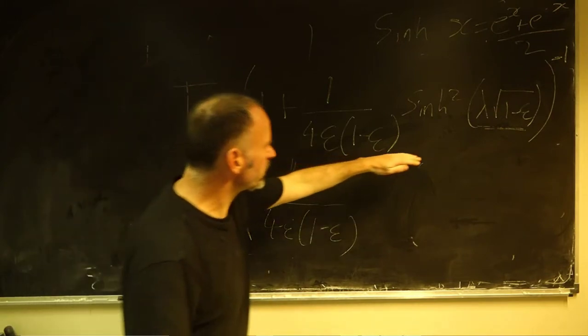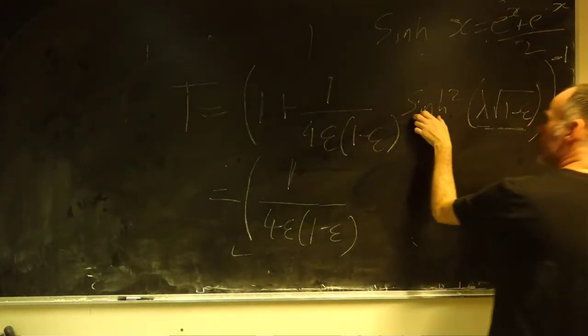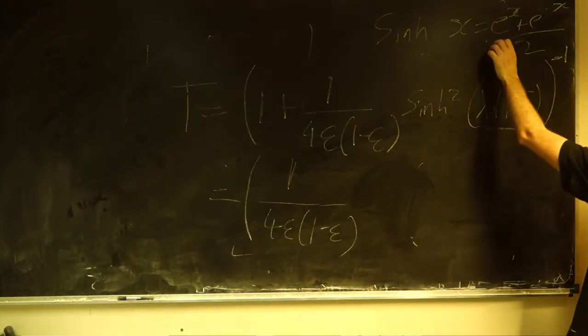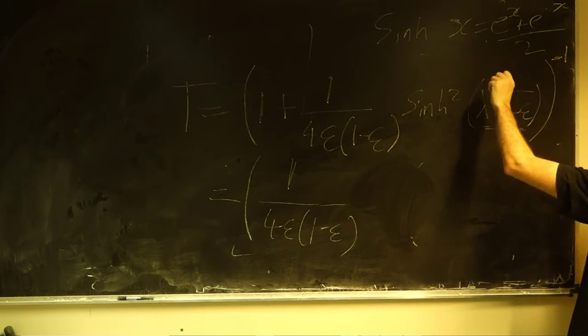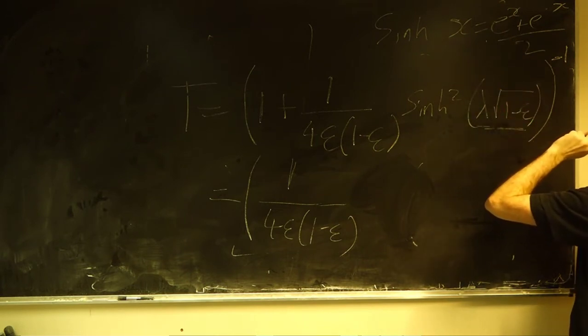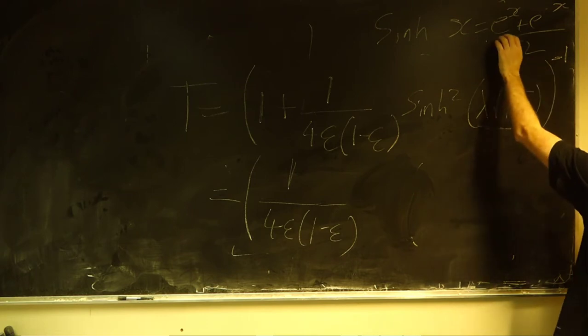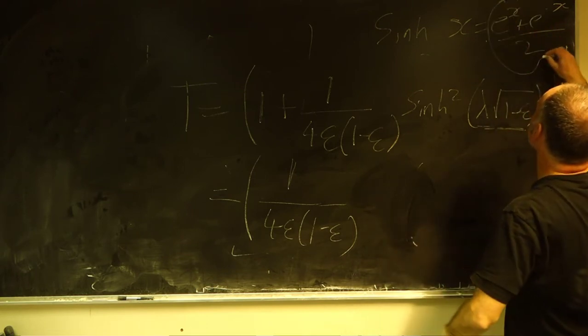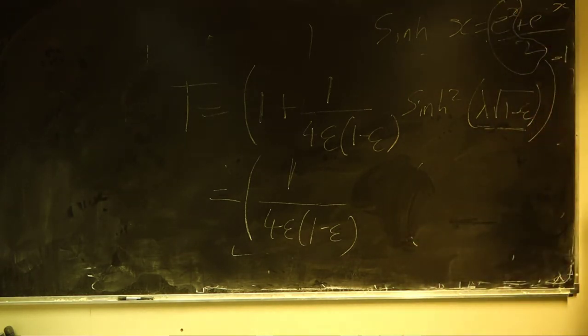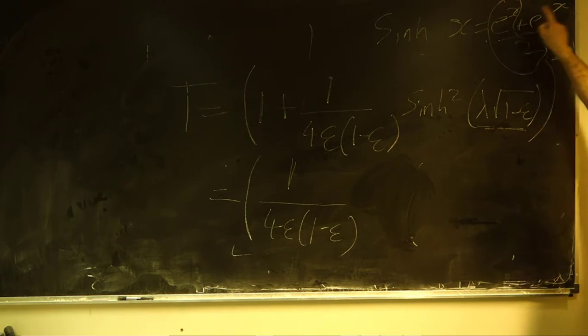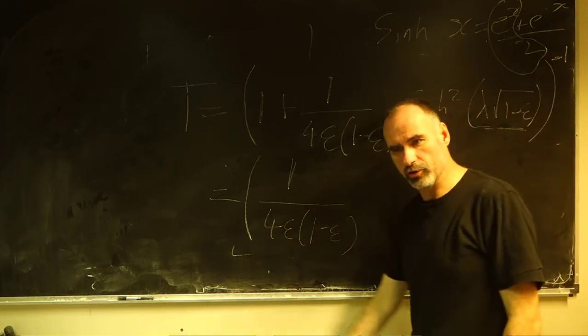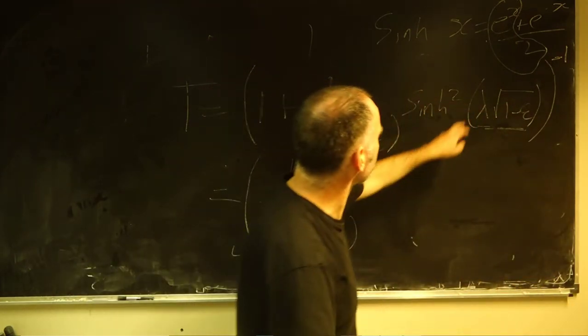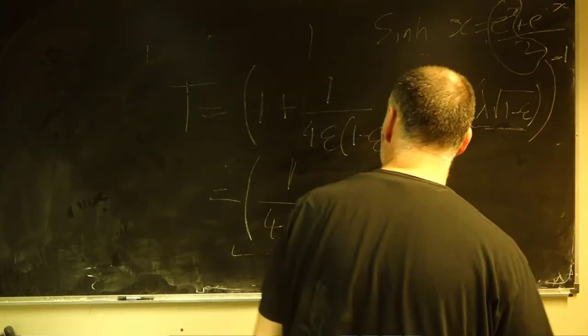When it comes to this term, we can take our sinh squared and consider it in the limit where this argument is much greater than 1, and then we're just left with this. This is going to drop out because if the argument is much greater than 1, then e to the minus something much greater than 1 is going to be very small, but this is going to be very large, so this term is going to dominate.